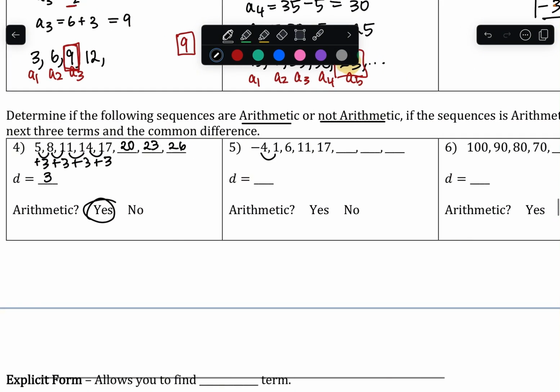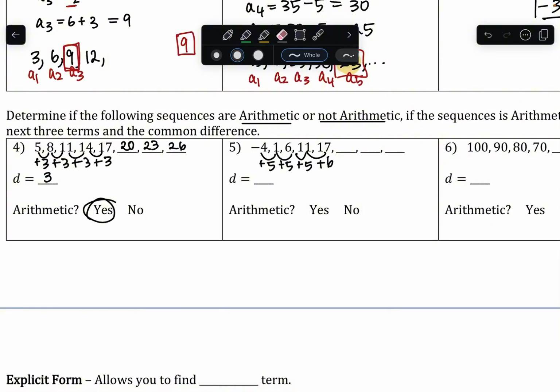Okay, to get from negative 4 to 1, we would have to add 5. To get from 1 to 6, we would add 5 again. To get from 6 to 11, we would add 5 again. And then to get from 11 to 16 or 17, we would add 6. And so that 17 messes up our sequence.